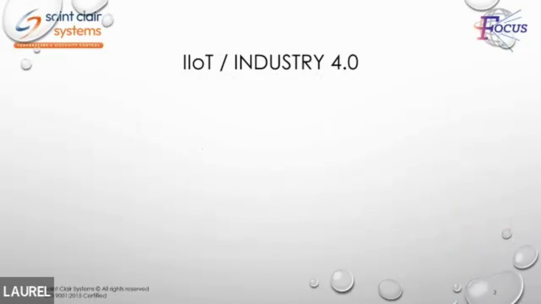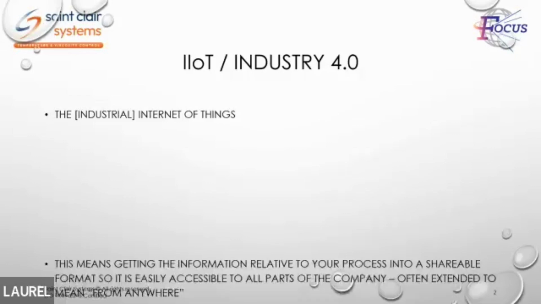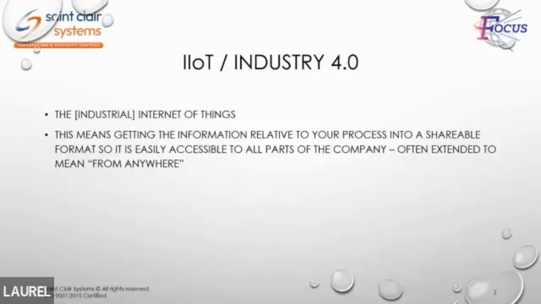Now, we're all familiar with the Internet of Things, okay? The smart devices around our homes that allow us to control our lights, our thermostats, our garage door opener for that matter. IIoT is the Industrial Internet of Things. And it means getting information relative to your process into a shareable format so that it's easily accessible to all parts of your company simultaneously.